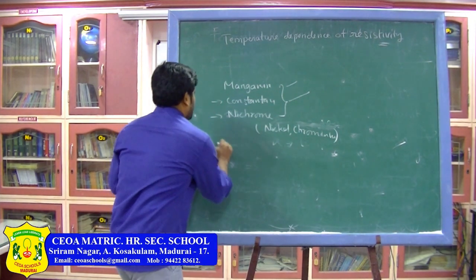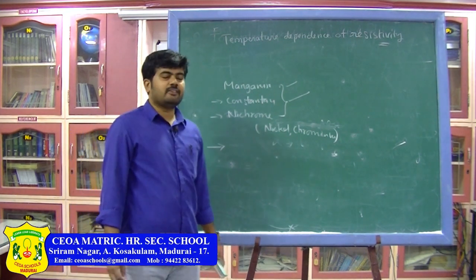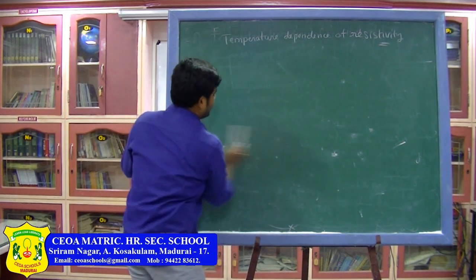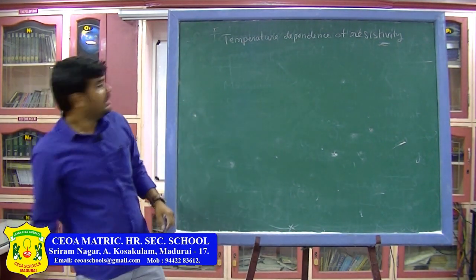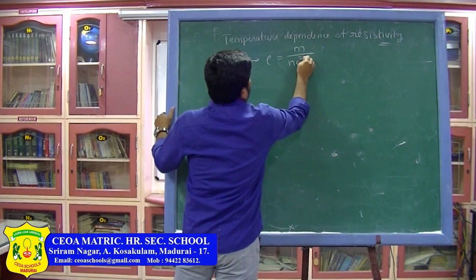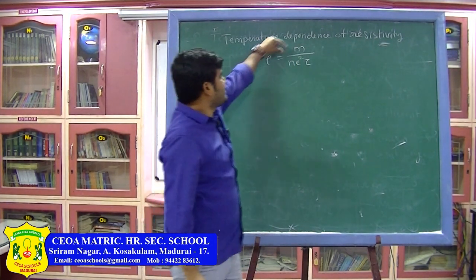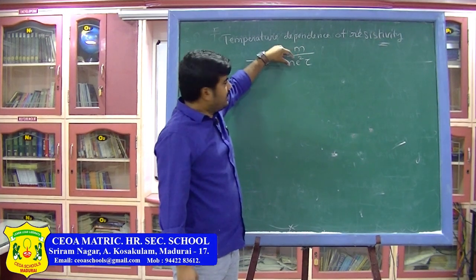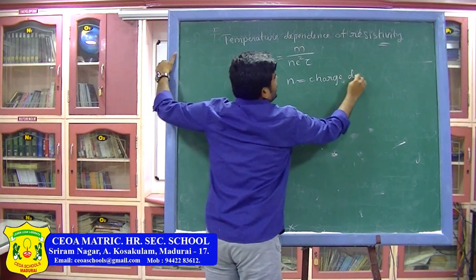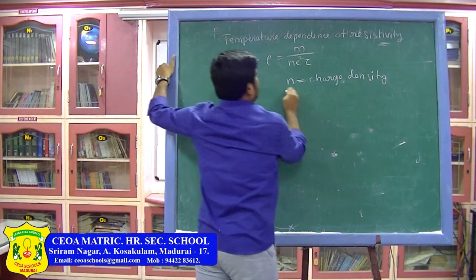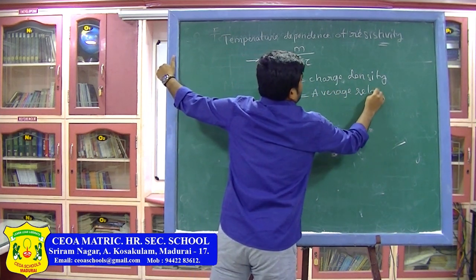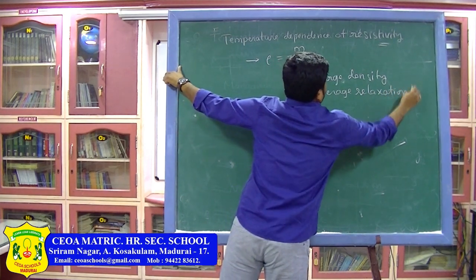Now let us discuss how the resistivity varies with the temperature for metals. In the previous class, on the microscopic model of electric current, we arrived at the resistivity expression, rho is equal to m divided by n e square into tau, where m is the mass of electron, e is the charge of electron, n is the charge density, that is the number of charges per unit volume, and tau is the average relaxation time.